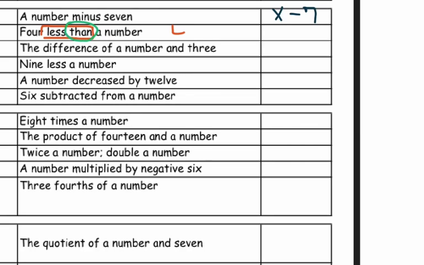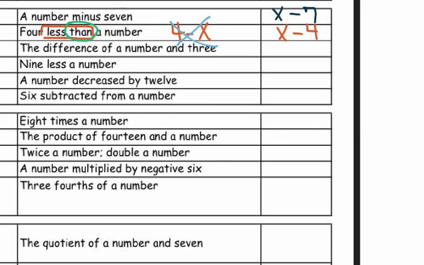It seems like it's going to be 4 minus n or x or whatever. But in reality, you write it x minus 4. You have to flip them around. So this is not right. So be really careful. If it says less than, then you're going to be flipping.